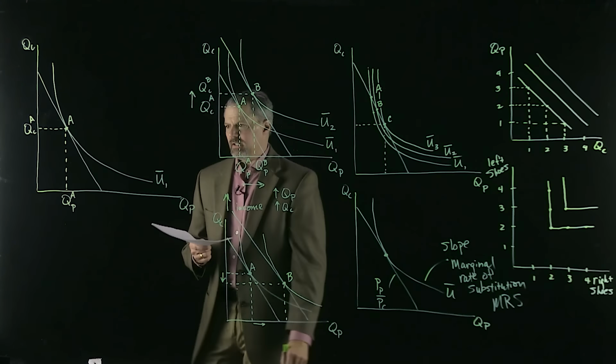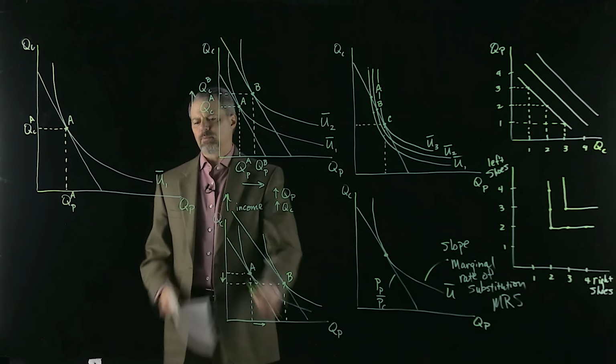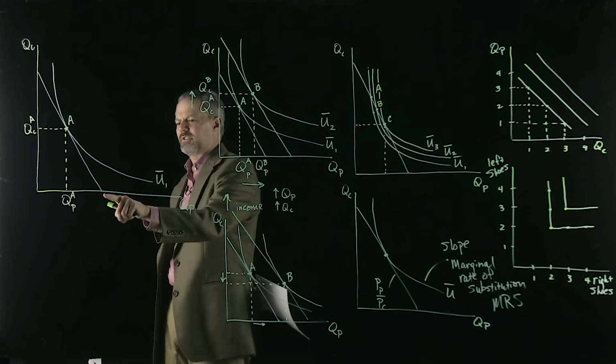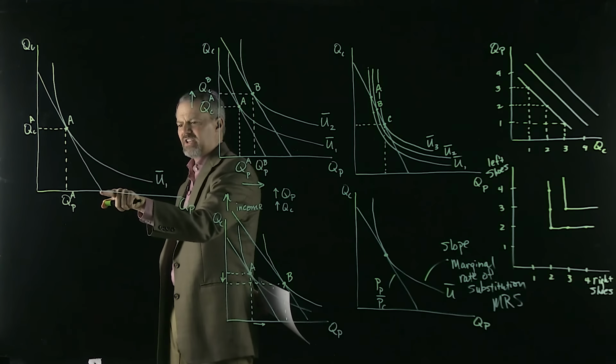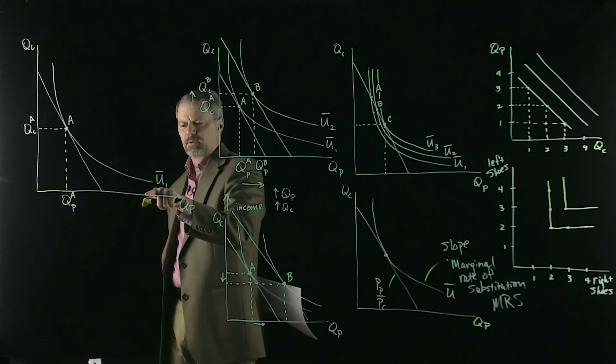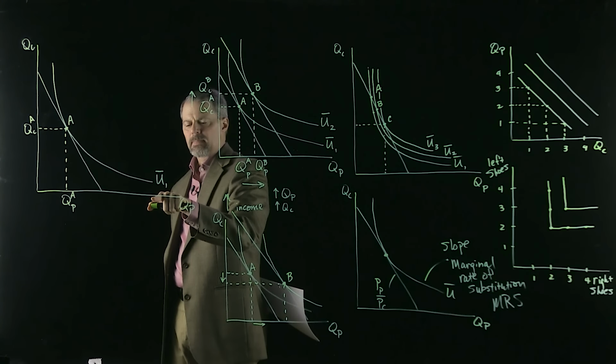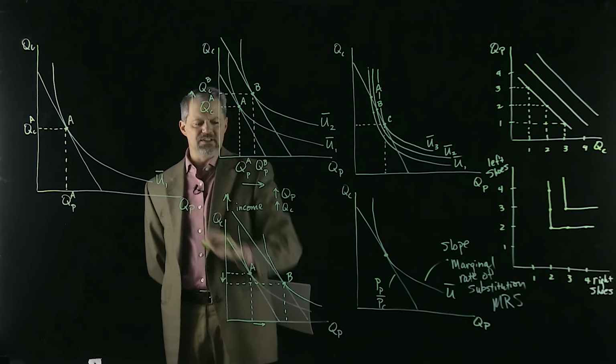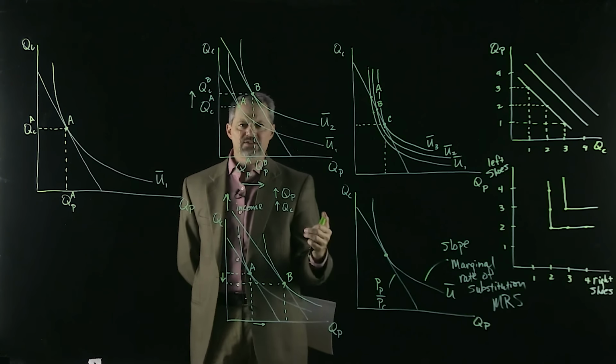So let's start at A and let's decrease the price of pizza. If we decrease the price of pizza, that means the endpoint of this budget constraint is going to move out in this direction.